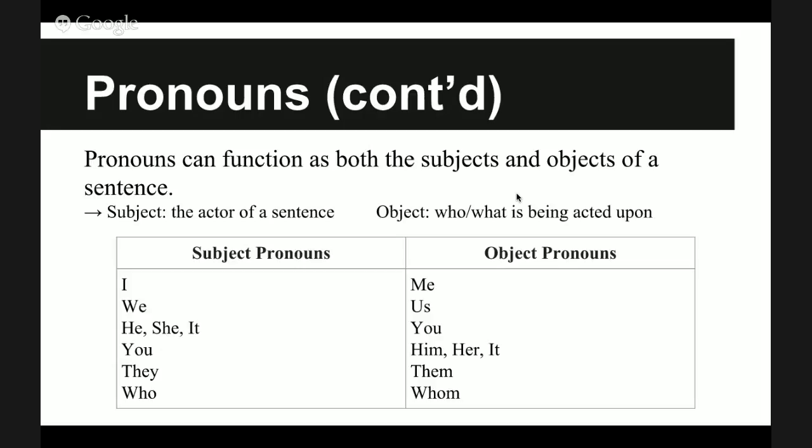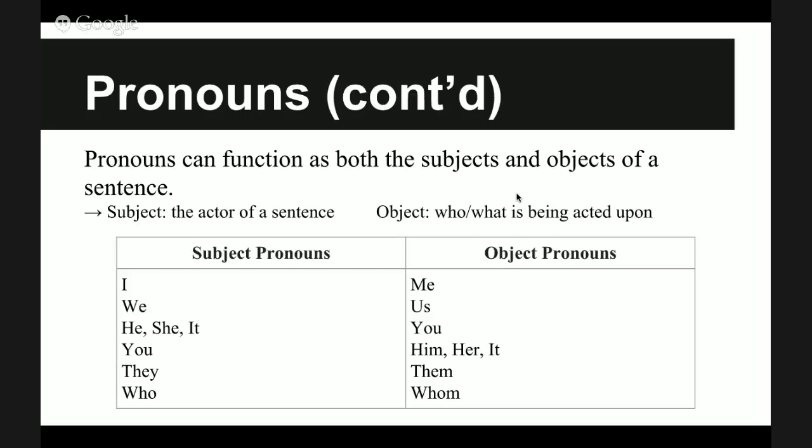We have he, she, and it being a gender neutral third person pronoun. We have the second person pronoun, you. We also have third person plural, they, and we have the interrogative, who. So I, we, he, she, it, you, they, and who can all function as subjects of a sentence.